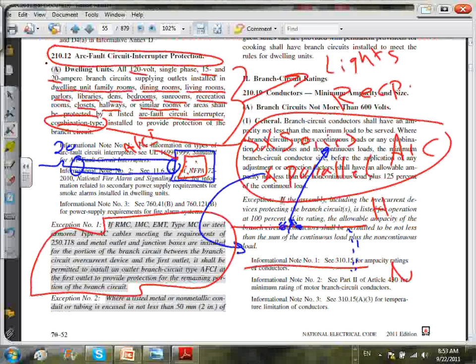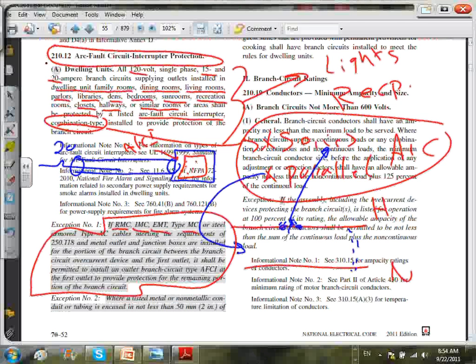How often do you really use rigid in residential? IMC, are you kidding me? EMT, maybe. MC, I could see an MC, or AC cables. So take this. If I'm wiring an NM cable from here to this receptacle, the circuit breaker has to be an arc fault circuit interrupter.